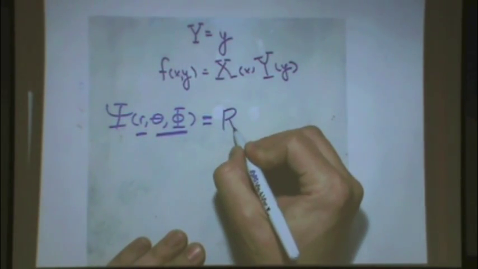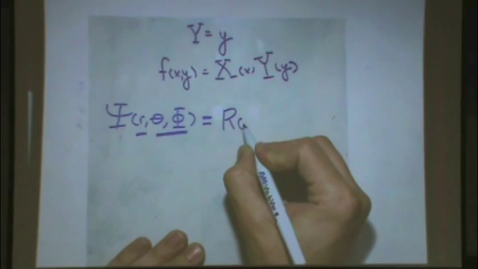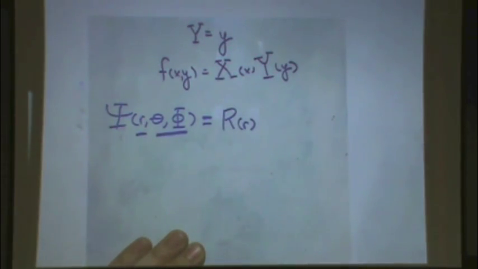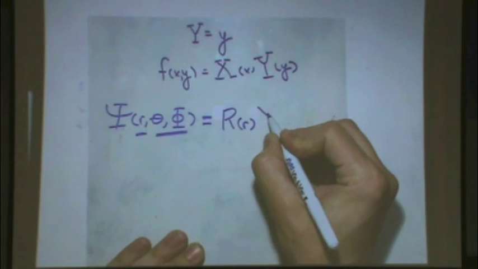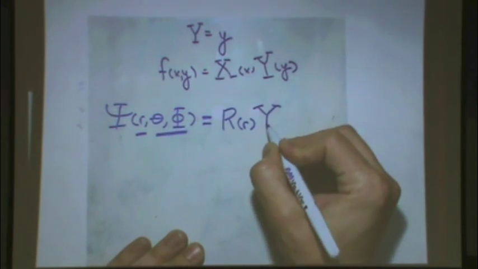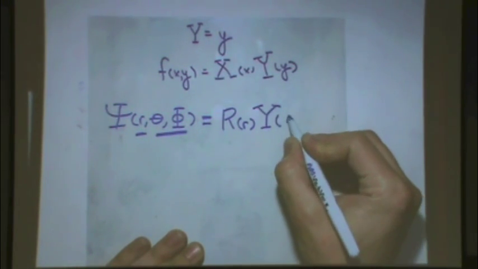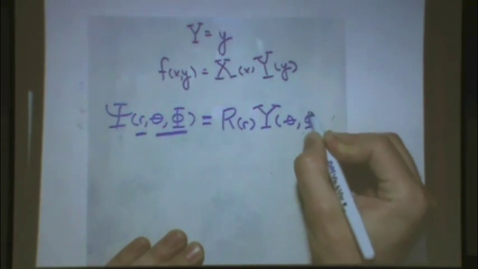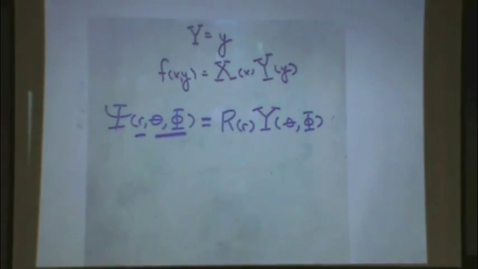They define a new function, capital R, to be a function of the variable r, and then they define another function, capital Y, to be a function of the 2 angles, theta and phi. So the r part of the 3D wave function can be factored out of the angular part of the 3D wave function.